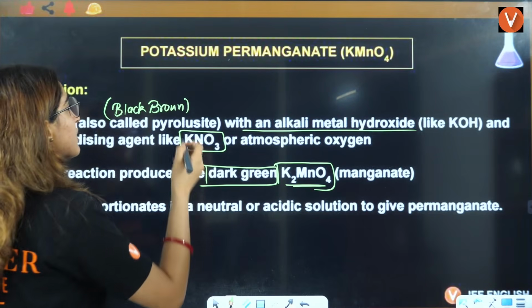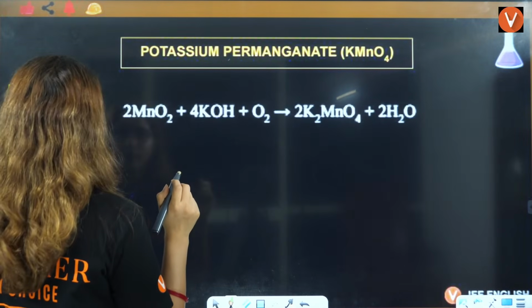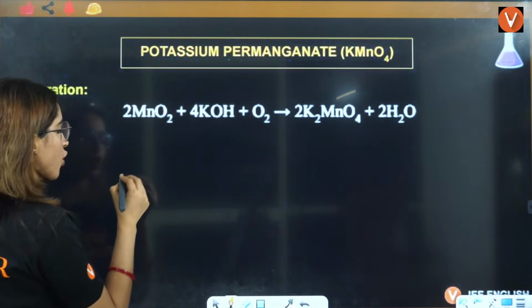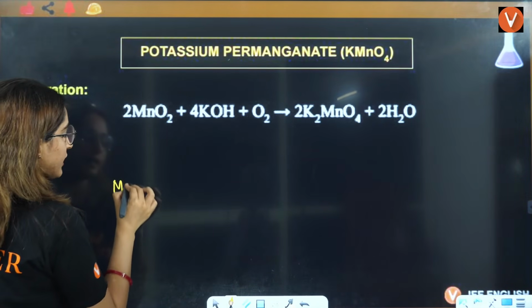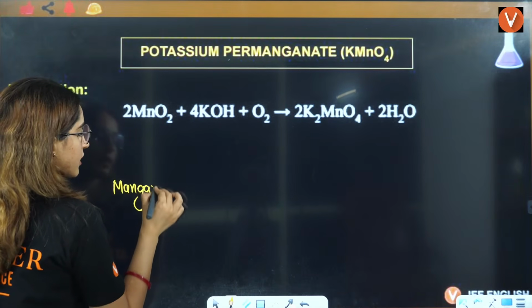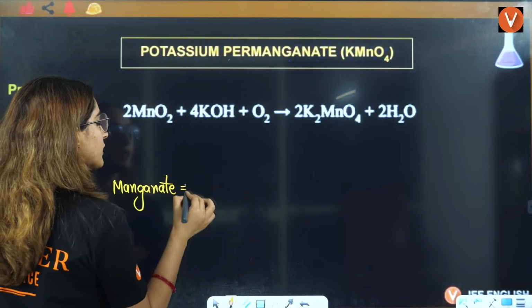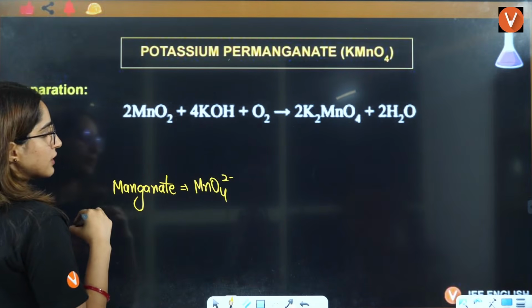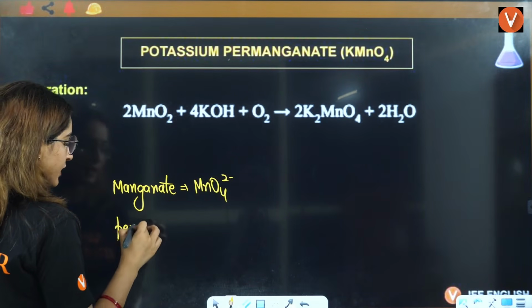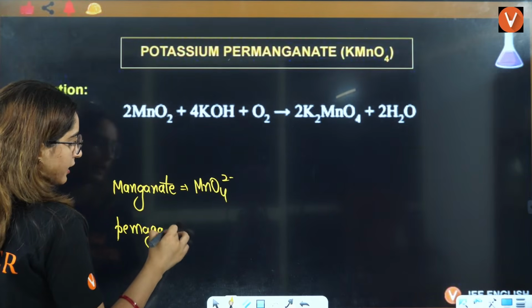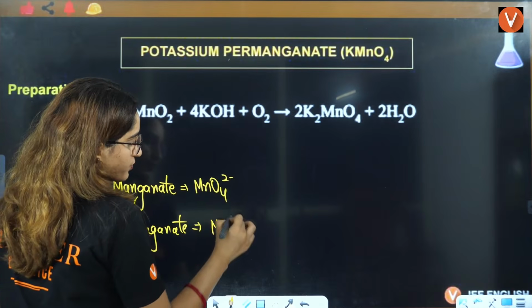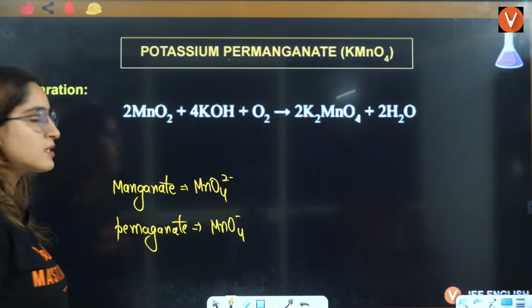So I'll just write it somewhere on the page. Manganate is nothing but MnO₄²⁻, and permanganate is nothing but MnO₄⁻.